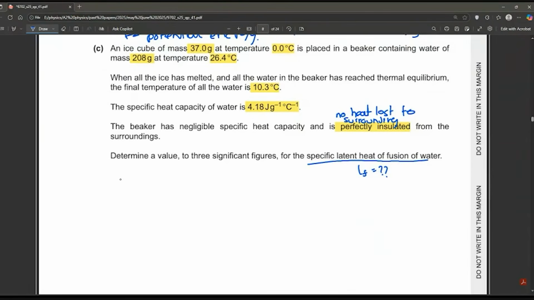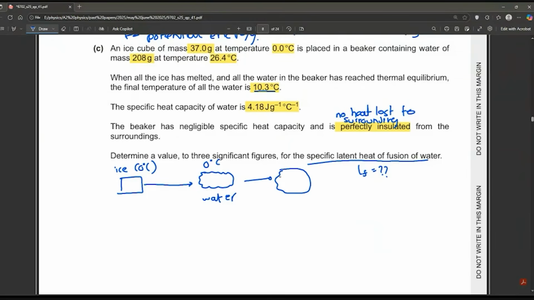Imagine that you have ice at 0 degree centigrade. This will first of all get converted into what? Water at 0 degree centigrade. This water will then be heated to a temperature of 10.3.